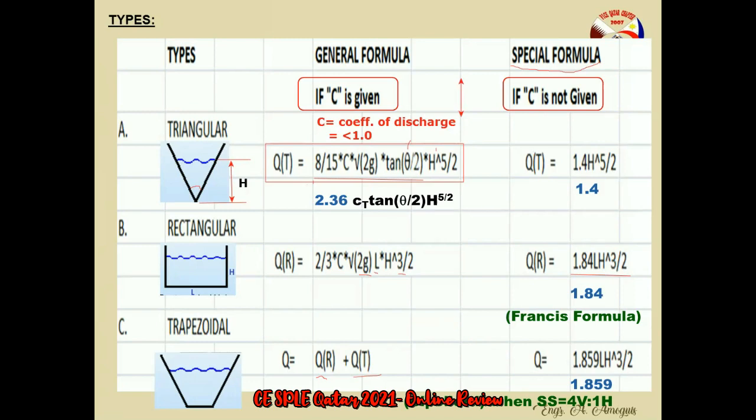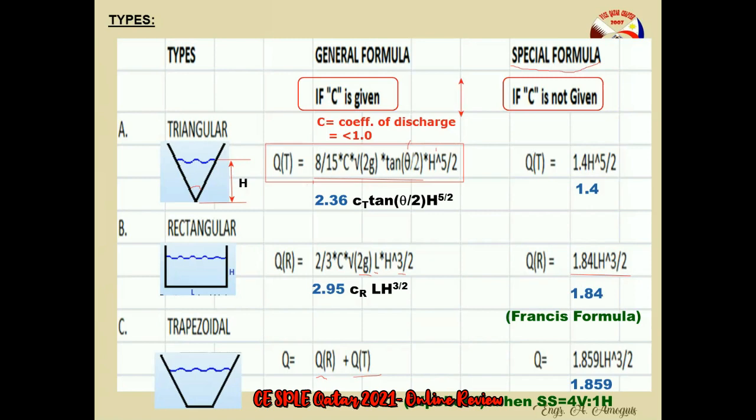G is 9.81. And 2.95 pag 2/3. Ayan. 1.4, 1.84, 1.859, 2.36, and 2.95. Okay?